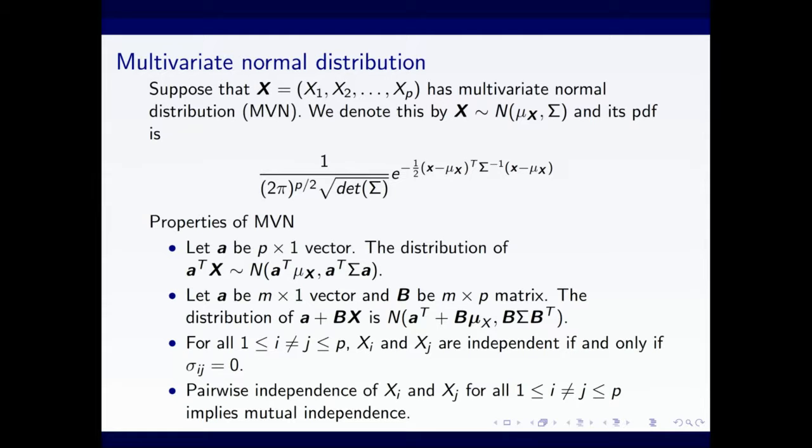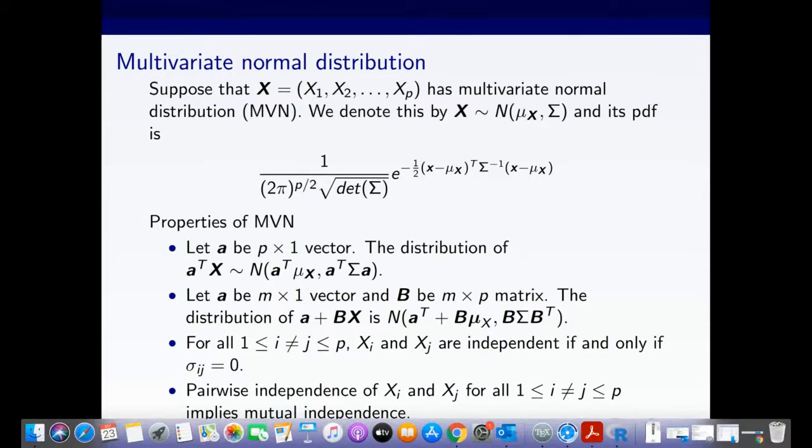One is in the library package MASS, where there is the function called mvrnorm. You can use that to generate random numbers from this multivariate normal distribution, or to compute the density, or to compute the probability from the multivariate normal distribution.